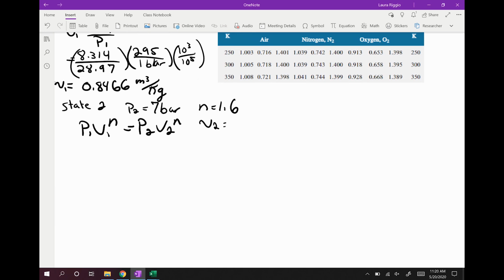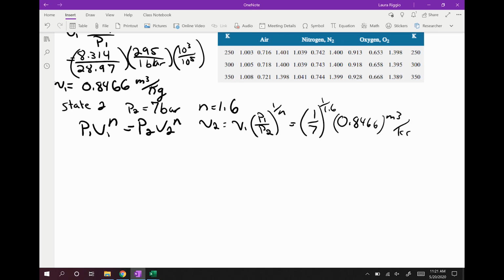So V2 is equal to V1 times P1 over P2 to the 1 over n, which is 1/7 to the 1 over 1.6 times 0.8466 meters cubed per kilogram. We get that V2 is equal to 0.2509 meters cubed per kilogram.